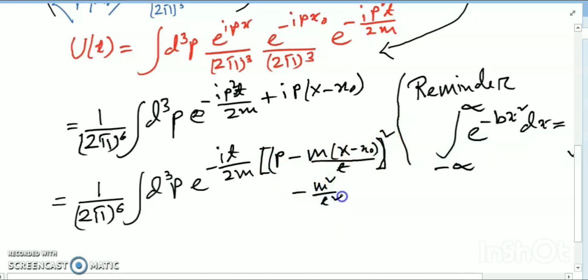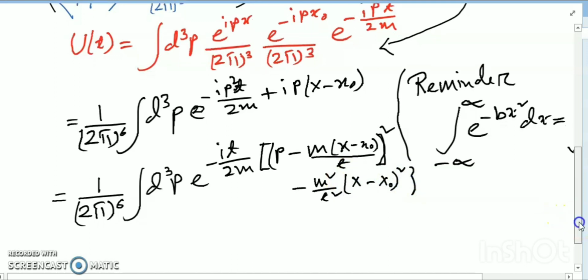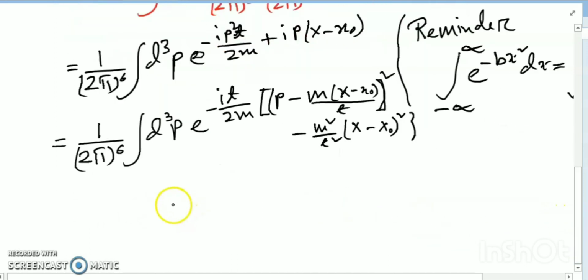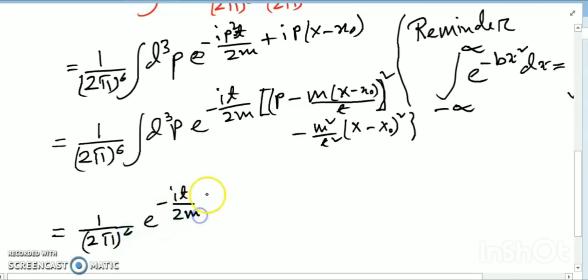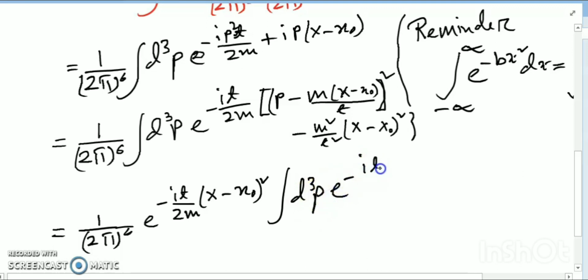Okay, so minus i t divided by 2m into x0 whole square, d cube p e to the power minus it divided by 2m into p into m into x minus x0 divided by t whole square.